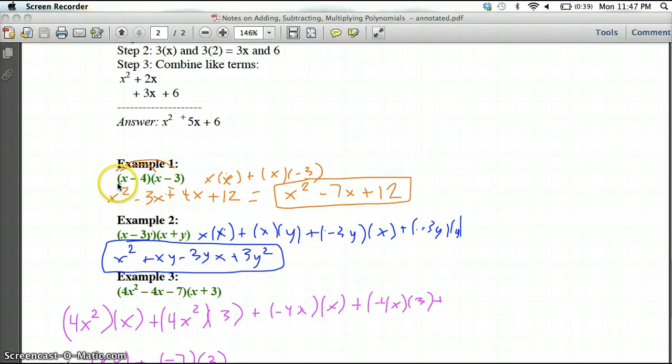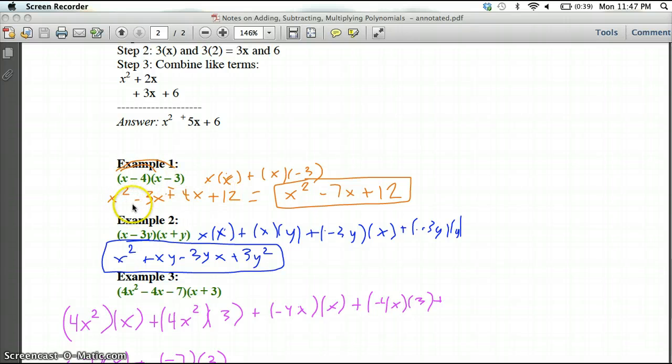So let's look at example 1 here. I'm going to take my first letter, and I'm going to distribute it to both of the other 2. So x times x and x times a negative 3. So x times x is x squared, and x times a negative 3 is a negative 3x. Then I'm going to take my negative 4. So I've got a negative 4x, and I've got a positive 12, because a negative and a negative is a positive.